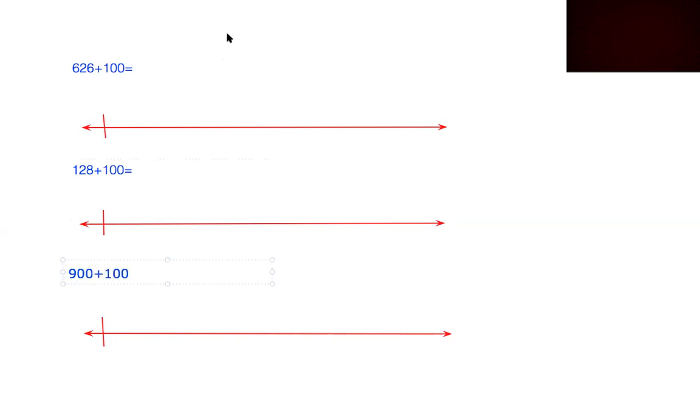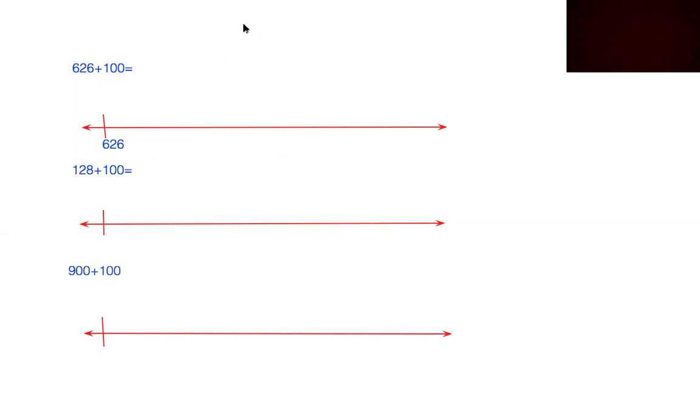All right, let's try it out. So here we have 626 plus 100. Remember, when we're adding, we always start at the left side of our number line.